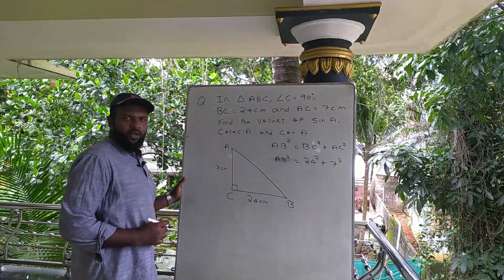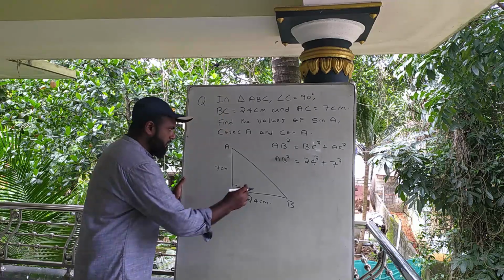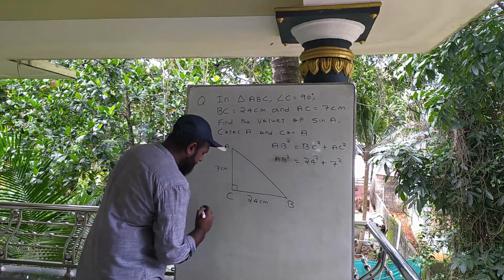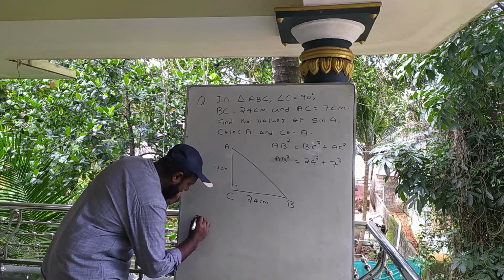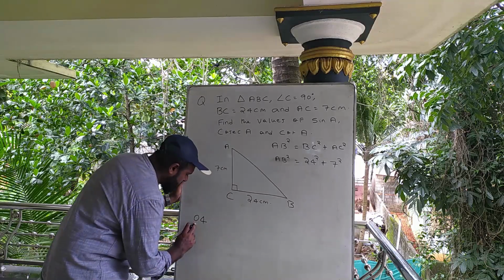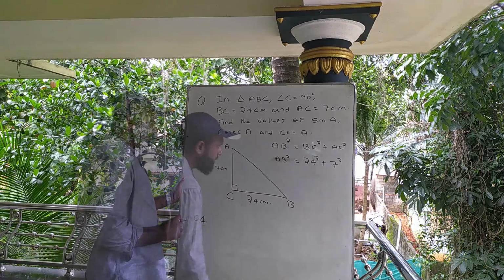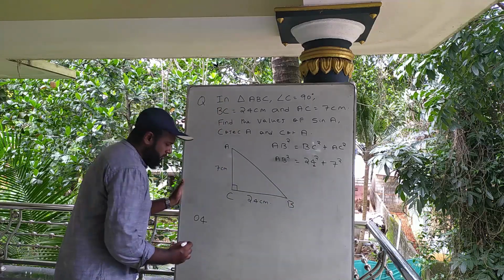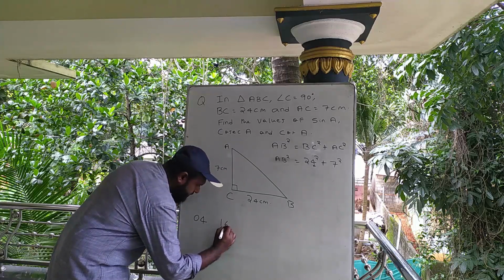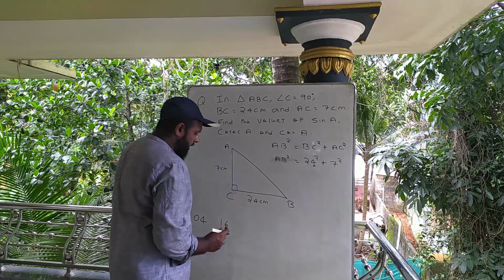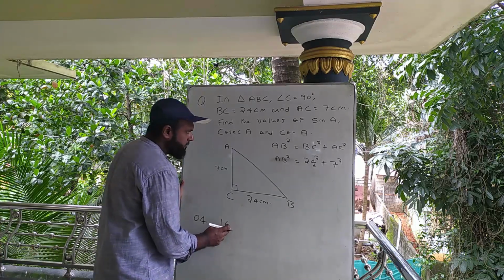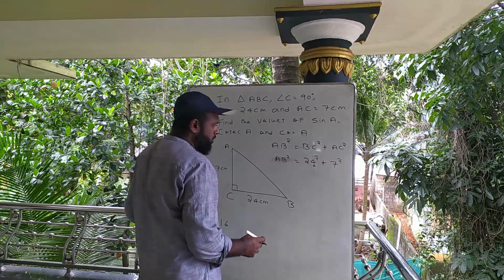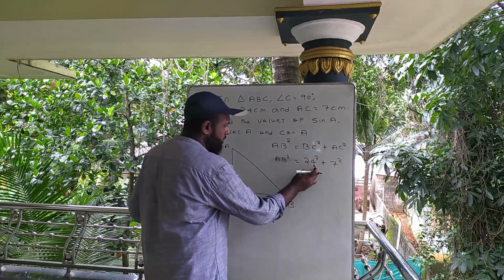We can find 24 square in an easy way. First of all we have to find 2 square, that is 4. We have to write it as 04 because 4 is only a 1 digit number. Next we have to find 4 square. 4 square is 16. We have to write 16 here, and next we multiply these two numbers, 2 into 4, that is 8.